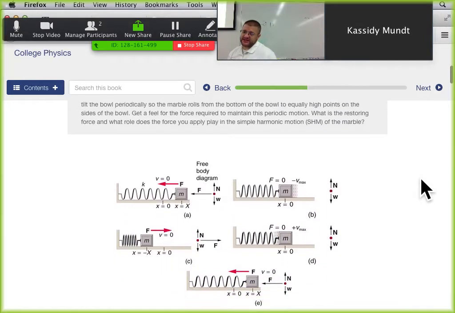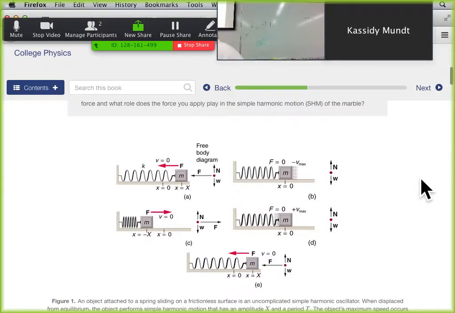What it means is that the motion of the object that is going to be oscillating, the displacement or the position of the object, could be described mathematically using a very simple mathematical function, which is the sine or the cosine.